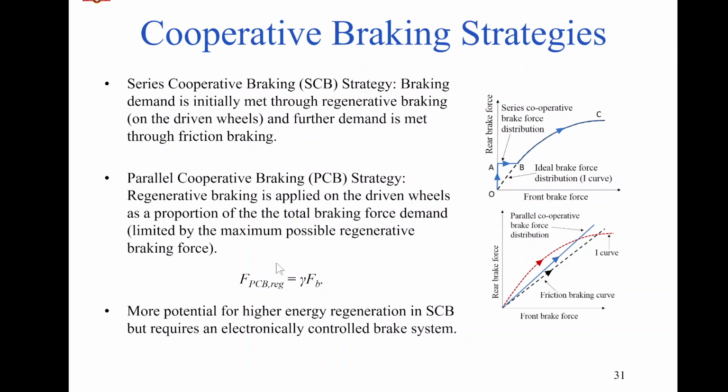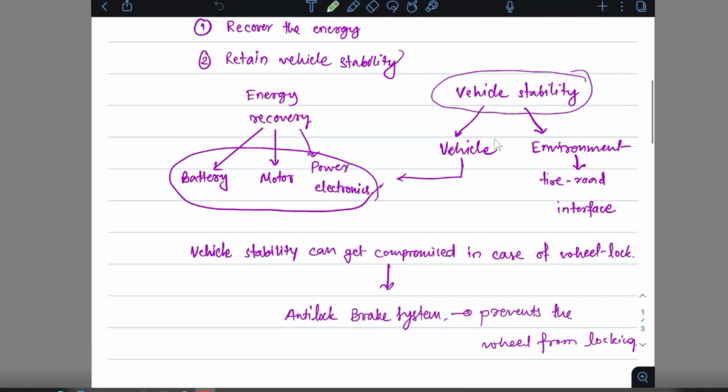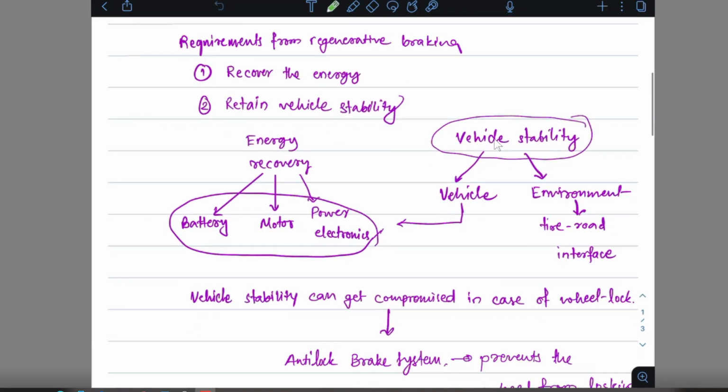All right. So yeah, then we had discussion on the regenerative braking. So we said that these are the requirements from regenerative braking. First is to recover energy, and second is to retain vehicle stability.